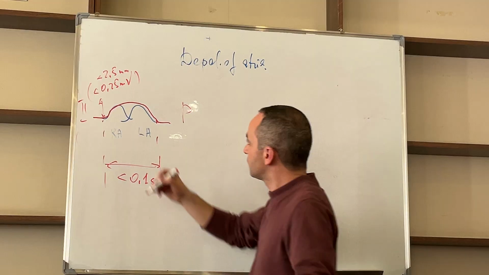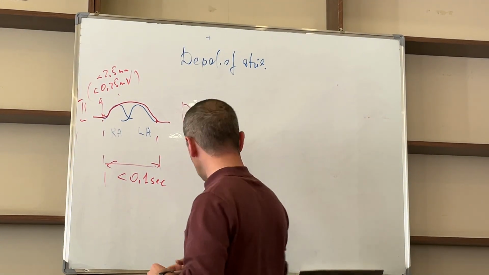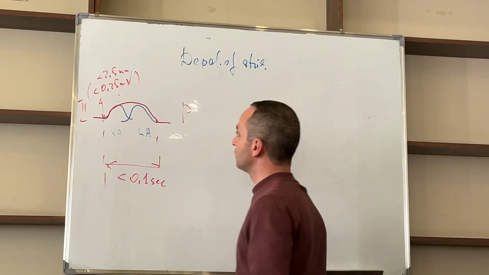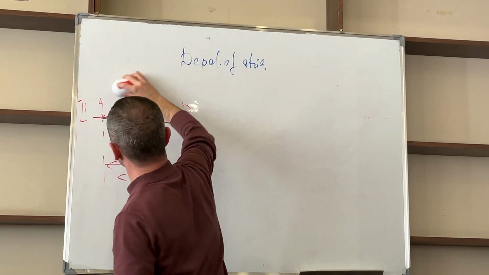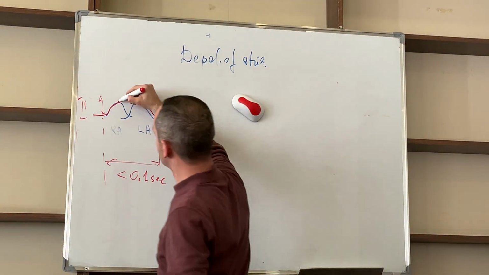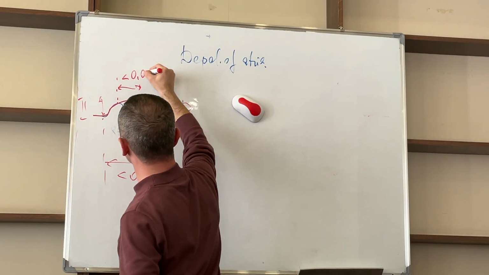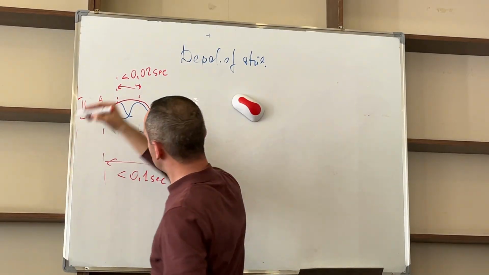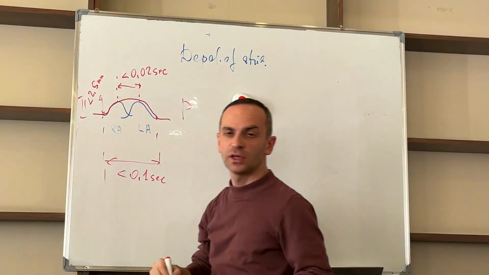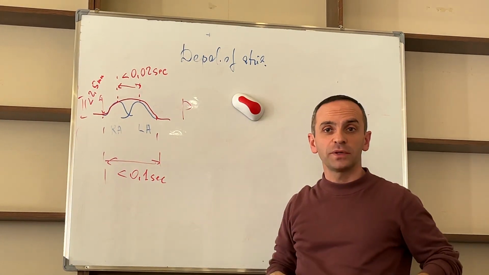If we see the time between these two peaks, it will be less than 0.02 seconds. It is the maximal time during which the impulse spreads from the right atrium to the left atrium. Amplitude is less than 2.5 millimeters. It is in the second lead, because the second lead is in the frontal plane.